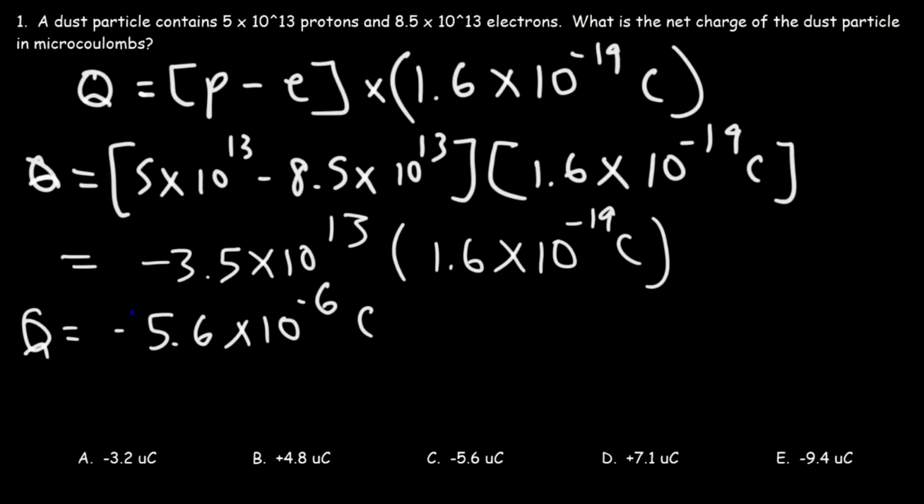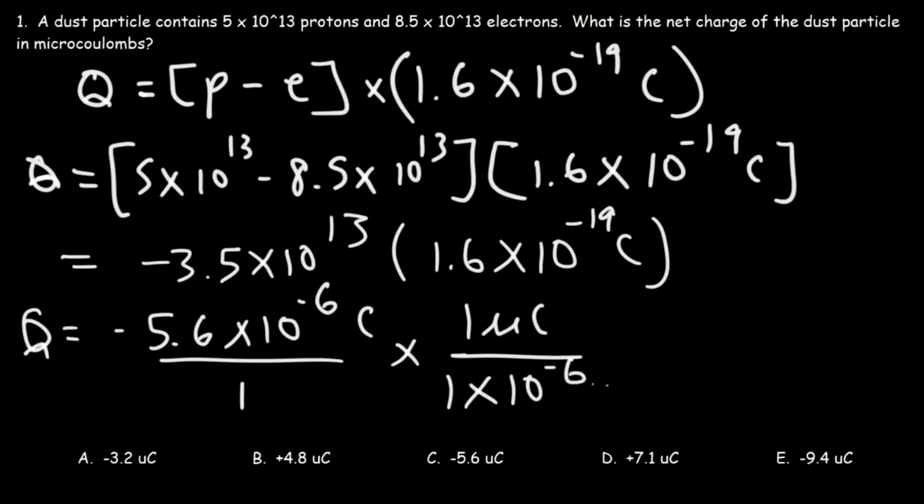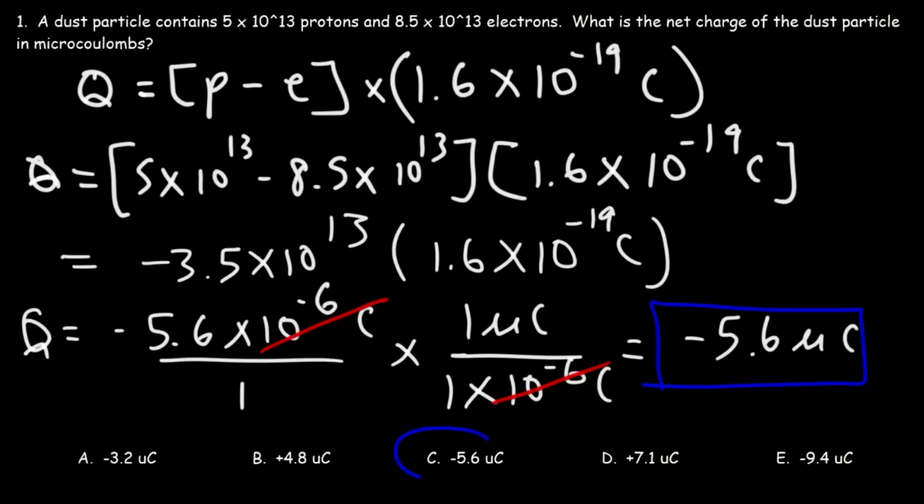The negative sign simply tells us that there's more electrons than protons in this particle. Now, we need to convert our answer to microcoulombs. 1 microcoulomb is 1 times 10 to the negative 6 coulombs. So this cancels. Thus, our final answer is simply negative 5.6 microcoulombs. So answer choice C is the answer for the first problem.